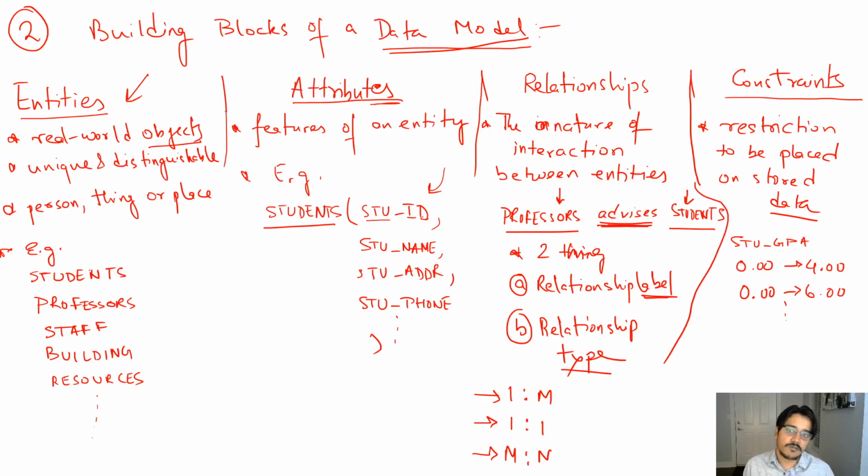So these are some of the basic building blocks of a data model. Most of them would be similar across the different data models that you apply, but how you represent them is what is going to change when you formalize the data model and select a particular data model and then go on with it.